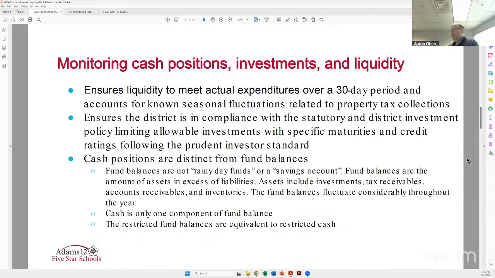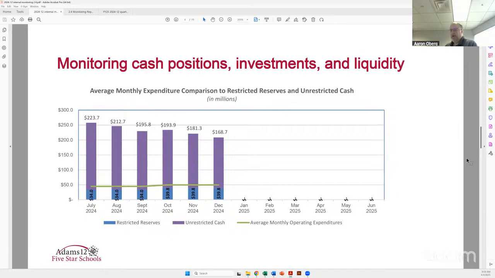We used to see a fairly steep decline until property tax payments were being received, but that is really no longer the case, which allows us to comply with the investment policy to seek maturities that are a little bit further out on the 3 to 5 year time frame, which then allows us to potentially generate more investment earnings.